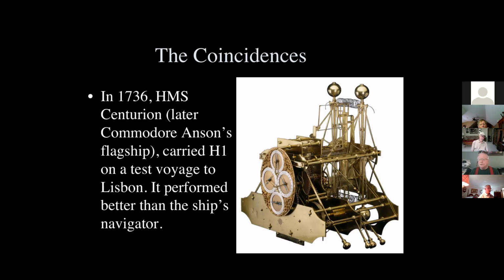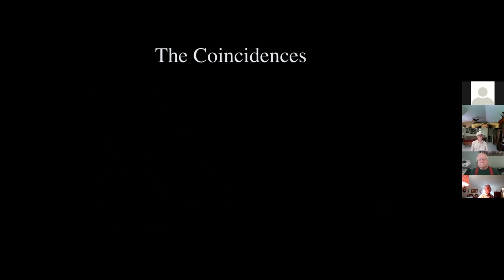Not a very long trip, but nevertheless, the chronometer performed better than the navigator did. And coincidentally, of course, 4 years later, Anson goes to sea with the Centurion, but of course, no chronometer at that point because it hadn't been approved yet.